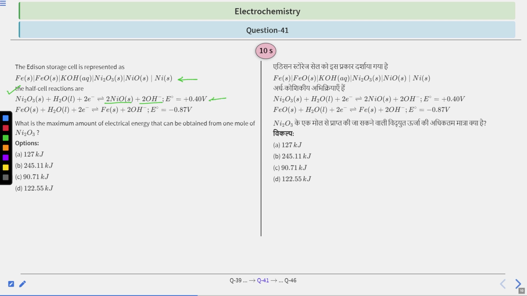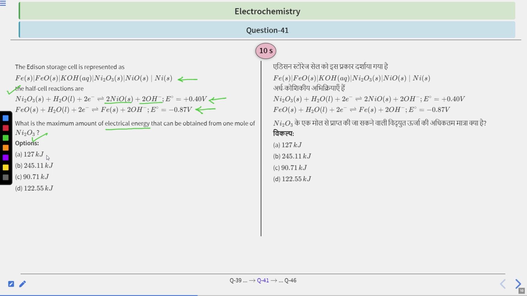E naught for this reaction is this one, and FeO plus H2O plus 2 electrons giving us Fe plus 2 OH minus. E naught for this reaction comes out as this one. So, what is the maximum amount of electrical energy that can be obtained from 1 mole of Ni2O3? So what have we been asked? We have been asked the amount of electrical energy that can be obtained from 1 mole of nickel oxide.